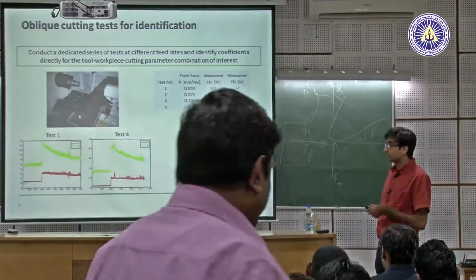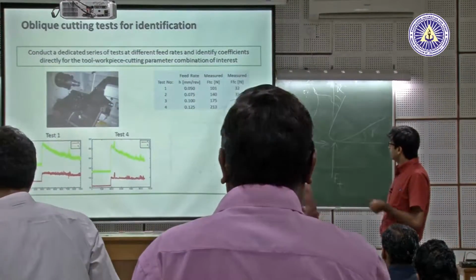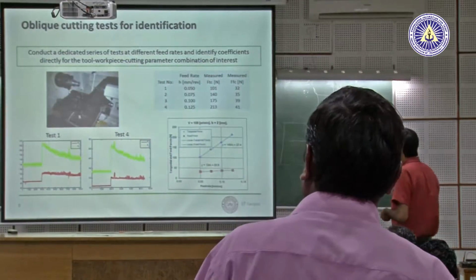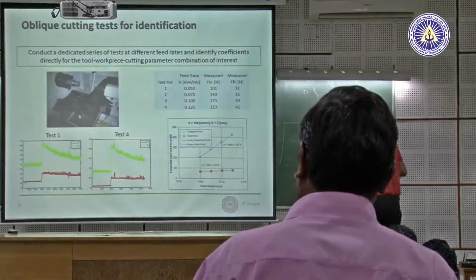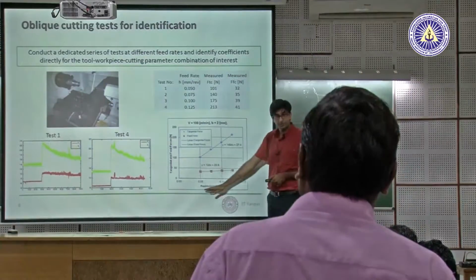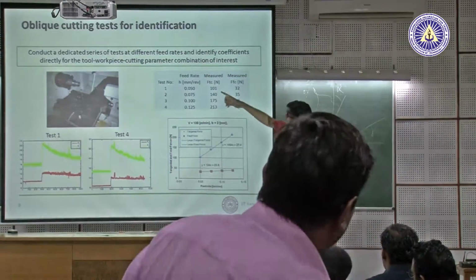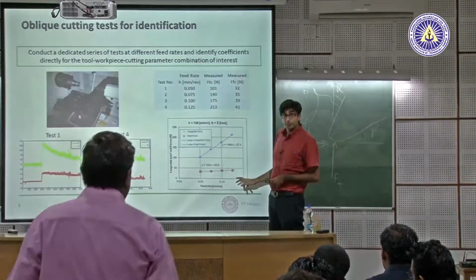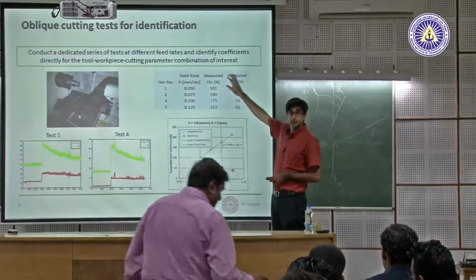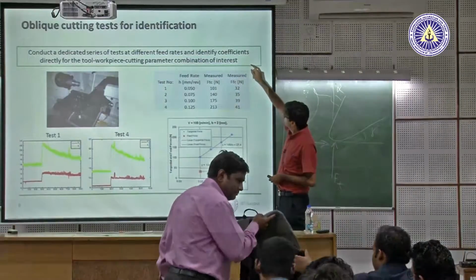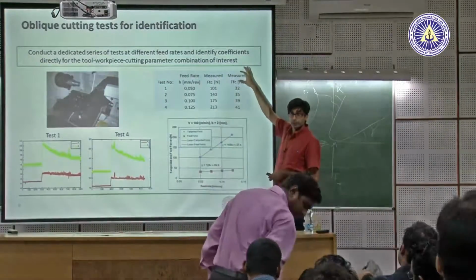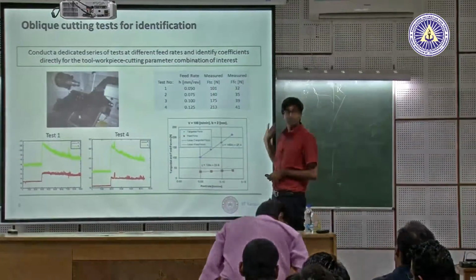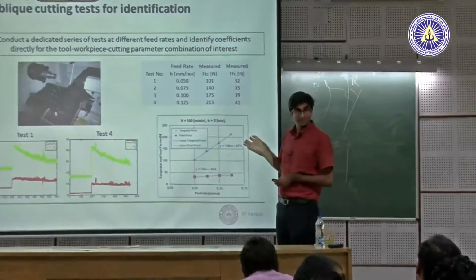You can rename them, and you create a plot. So what we are doing in this plot essentially is the x-axis is your feed rate. You ran your experiments at different feeds. You measured forces for each feed value, FF, FT. So you measured these, and you just plotted, and you curve fit a line.